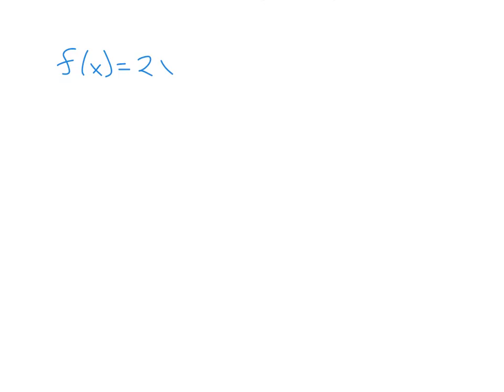I want to figure out what the g of x or the inverse will be. And I'm going to stop calling it g of x. I'm now going to start calling it f to the negative 1 of x, because this notation is how we actually describe the inverse. So I'm going to start using that notation. So we want to figure out what the inverse function of f of x would be.